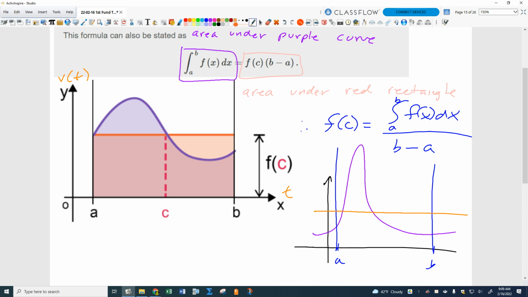Because in calculus, when we're taking integrals, the area under the curve has some real significance. That's what we're trying to find. Could be work done in physics. It could be total energy in physics, whatever it is, right? If we want to find the average, we're just going to smear out that total value divided by the width of the interval over which we're calculating it. Does that help? Okay.